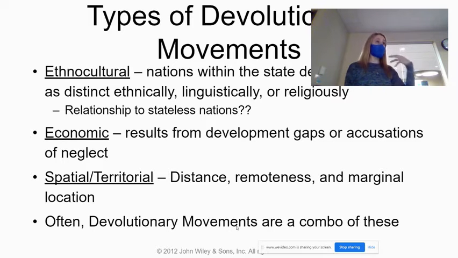Because of that, there have been attempts to revive the Hawaiian language, but people who are Hawaiian see themselves as very ethnically different from the rest of mainland US. So that is an example of spatial devolutionary pressures, but also ethnocultural.